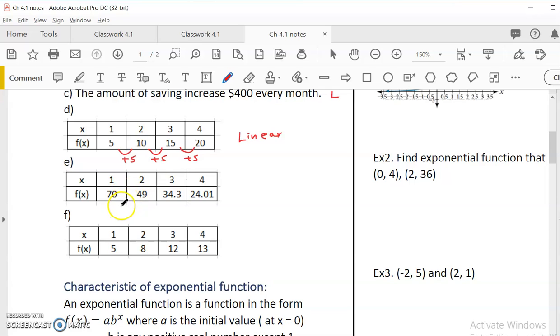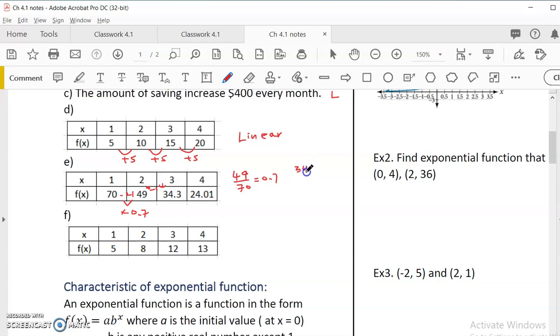So is this a constant add? Oh no, a constant decrease? 70 minus 49 is minus 21. But from 49 to 34.3, you can tell it's not minus 21, it's minus 14.7, so it's not a constant add or subtract. Is it a constant multiple? 49 over 70 is 0.7. That means if I multiply by 0.7, I get 49.